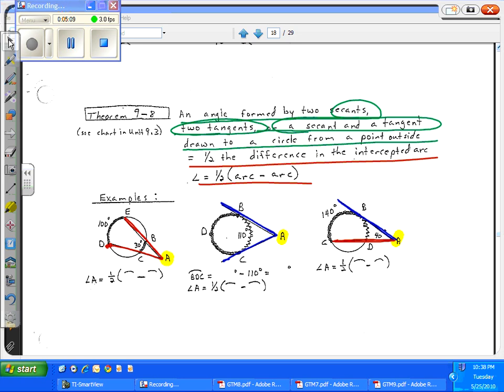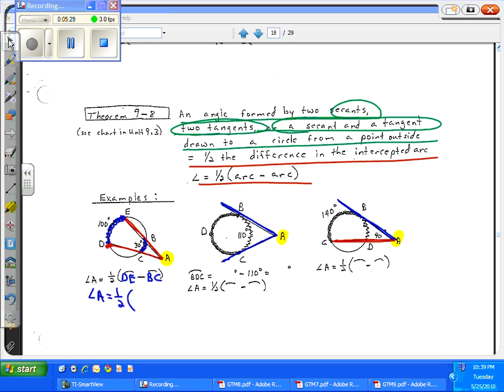So in the first example, we have two secants. The intercepted arcs are 100 degrees and 30 degrees. The names of them were DE and BC. So angle A is half of their difference.